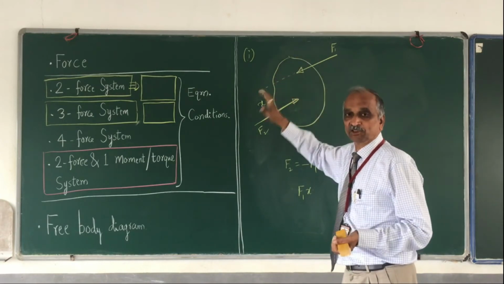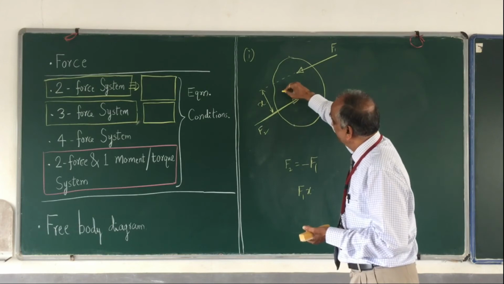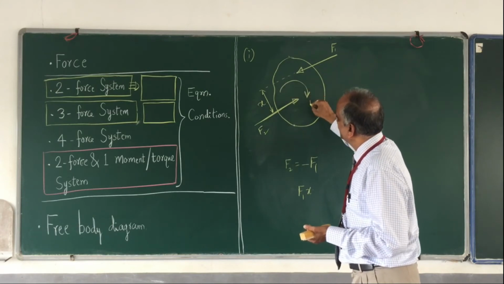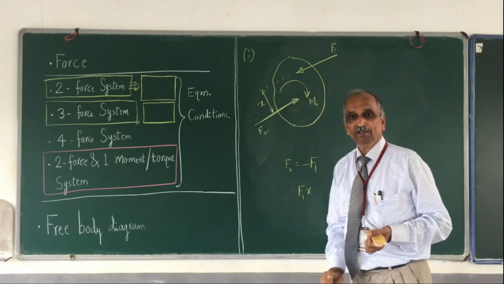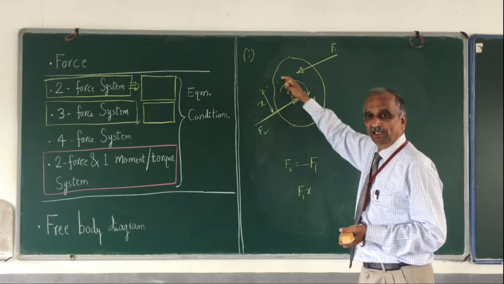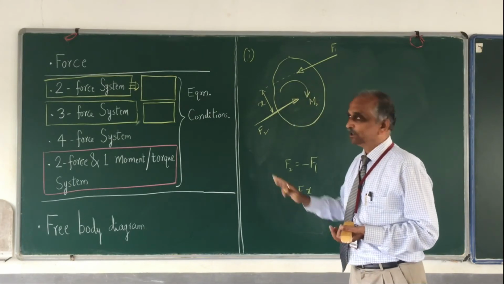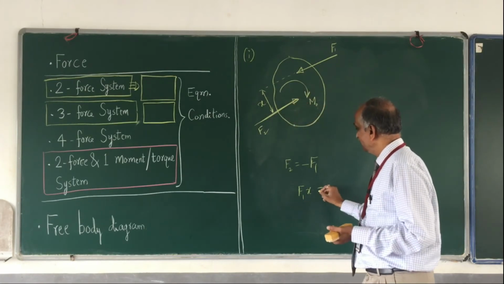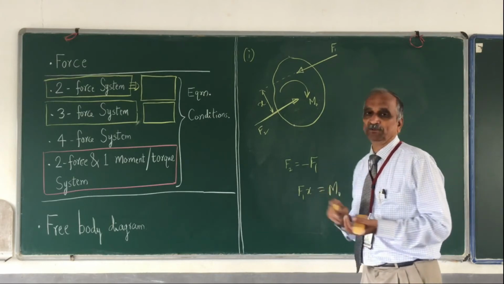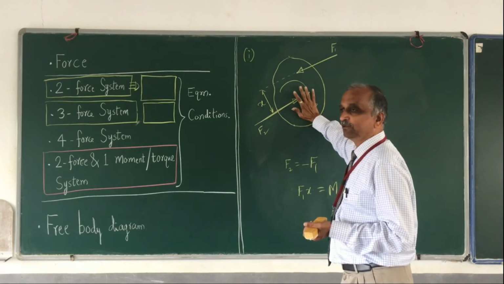That must be balanced because I don't want this to start rotating, and therefore I apply a moment called M0. Why in this direction? Because the couple formed by this must be balanced exactly opposite to this. So what is M0? M0 is equal to F1 into x. Okay, now it is in equilibrium.